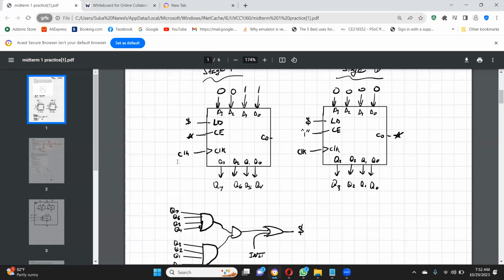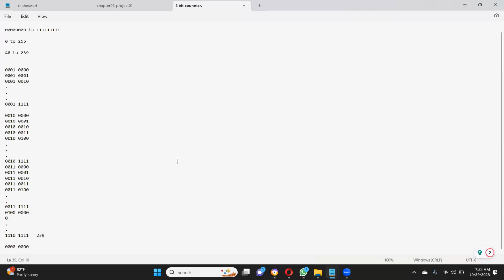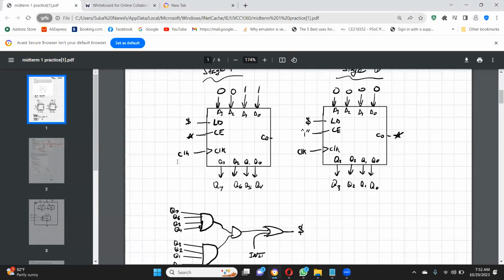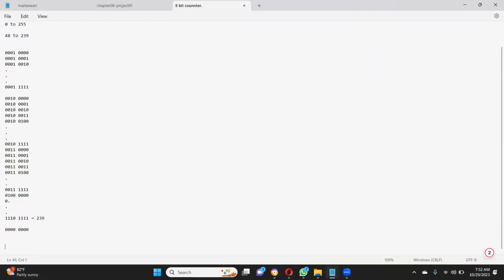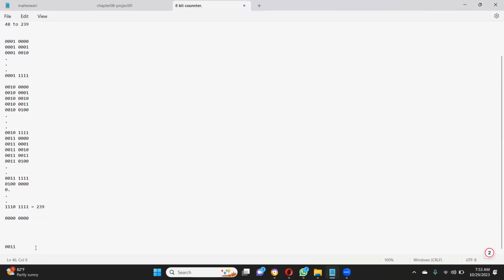What does it become? So when I add 1 to 0 0 1 1, what is the output? 0, 0, 1, 1, right? When you add 1, you get this. 0, 1, 0. So yeah, can you put that there? Once, can you go back?